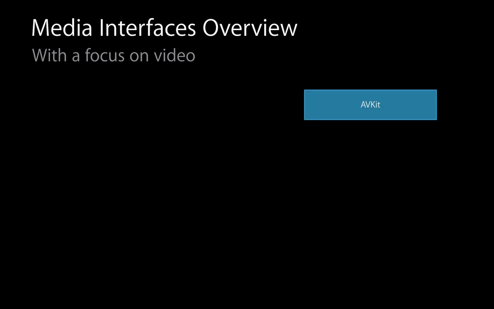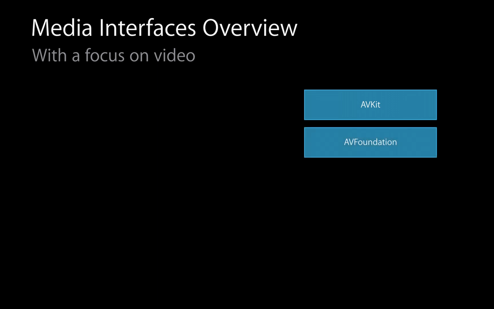All right, let's do a quick overview of our media interface stack. You've seen stuff like this earlier this week, but we'll do it once more. There's a little focus on video in my view of this, because we're talking about video. At the top, we have AV Kit. AV Kit provides very easy-to-use, high-level, view-level interfaces for dealing with media.